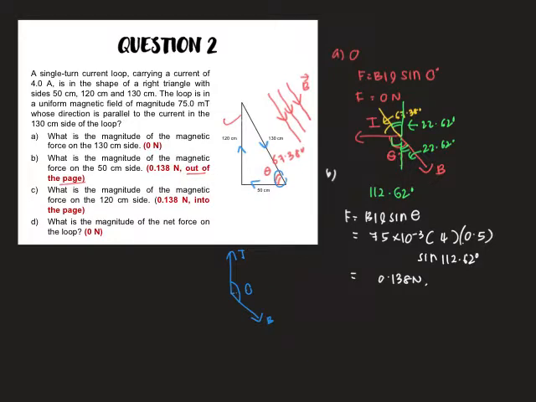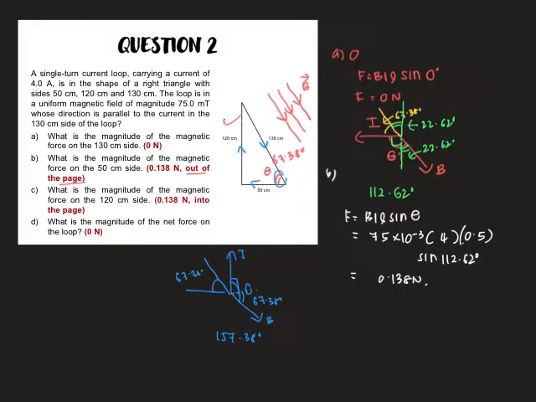If I separate like that, I'm going to get this one is 67.38, and here is 67.38. This is going to be 90, which is 90 plus 67.38. Therefore you are going to get 157.38 degrees, which is the angle between the current and the magnetic field.